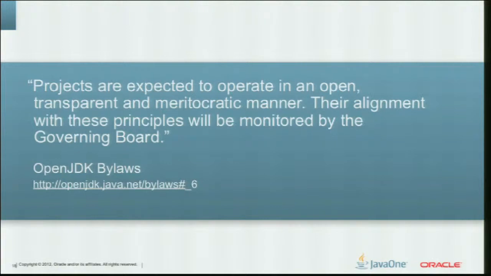So when we started to think about doing JDK 7 updates in the open, we had to think quite hard about how to do this in an open and transparent and meritocratic manner, because it hadn't been done before. This is the first time that actually updates to a JDK are being done in the open.